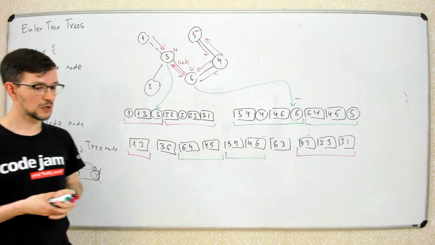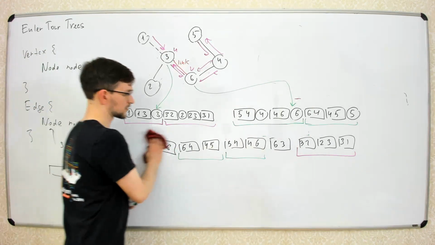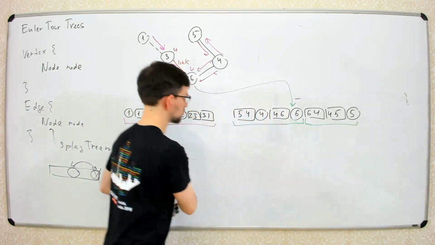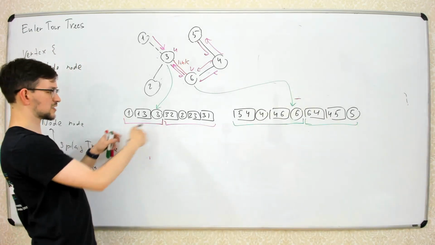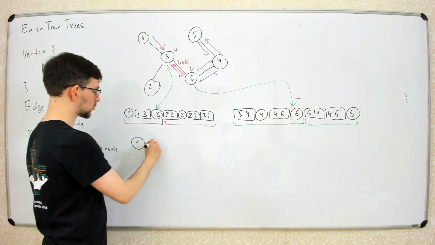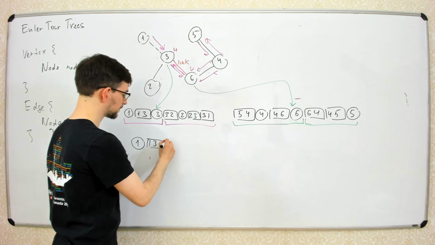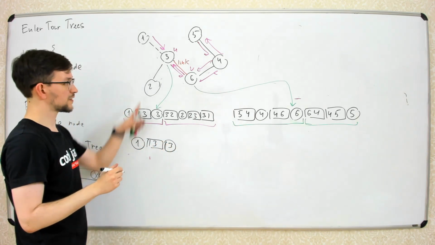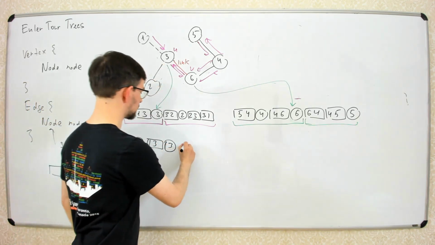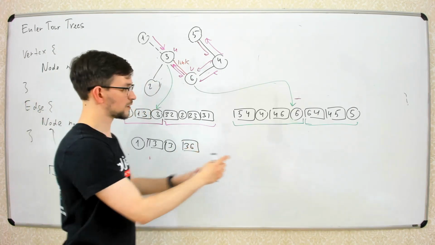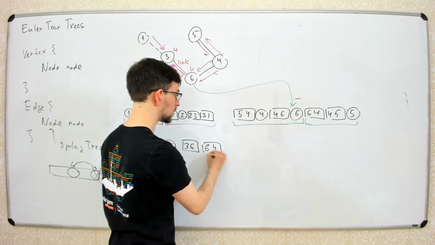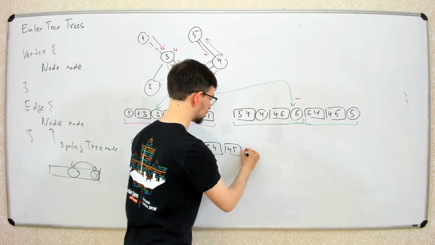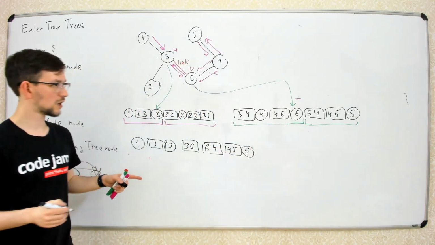That's all. And now I construct this big Euler tour using these 4 parts. Again, I start from these parts, so I go from 1, then 1, 3, then 3. Then use this edge to go here, 3, 6. Then use this part to iterate over the second tree, 6, 4, 4, 5, then 5. Then go back.